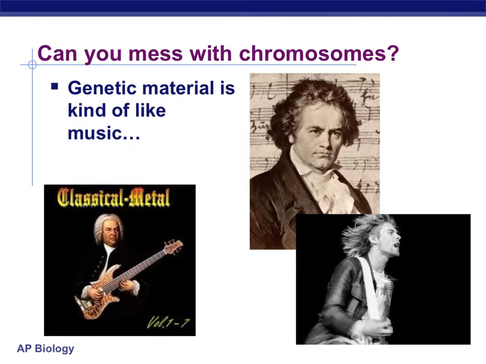Either one of them is pretty recognizable. But if you mess with the chromosome number, sometimes the genes and the information get screwed up, and it would be kind of like trying to listen to both at the same time. That wouldn't work so hot.